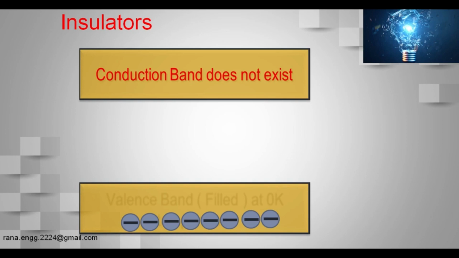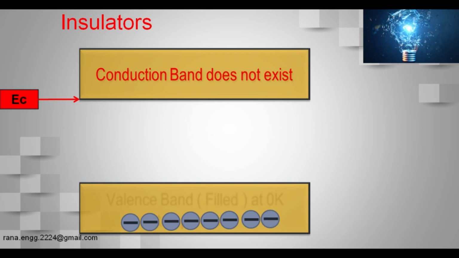But which material can contribute its electrons for conduction depends upon their attachment with the nucleus. If it is an insulator, the outermost band electrons are very strongly attached with the nucleus. They have a very strong nuclear force. Even if we apply an external electric field, we are not going to get conduction from these electrons.